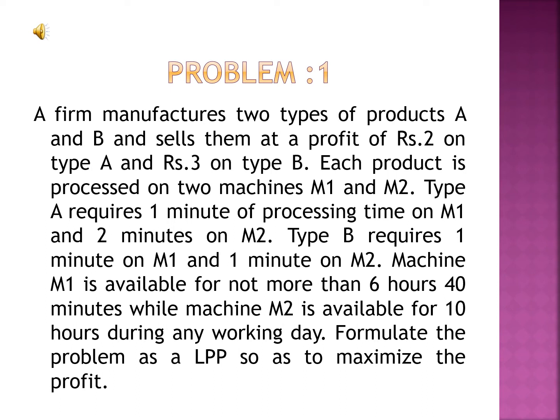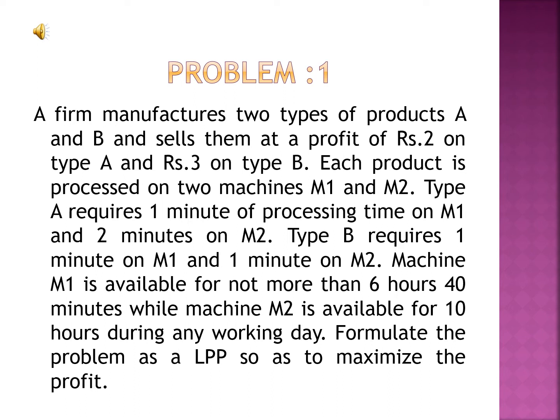First one: a firm manufactures 2 types of products, A and B, and sells them at a profit of rupees 2 on type A and rupees 3 on type B. Each product is processed on 2 machines, M1 and M2. Type A requires 1 minute of processing time on M1 and 2 minutes on M2.